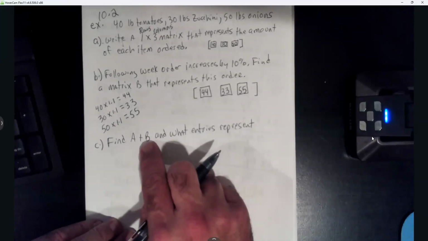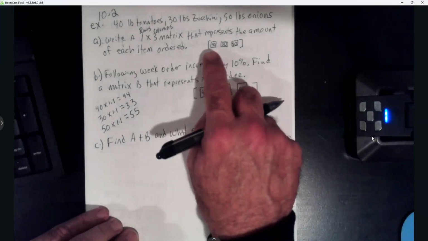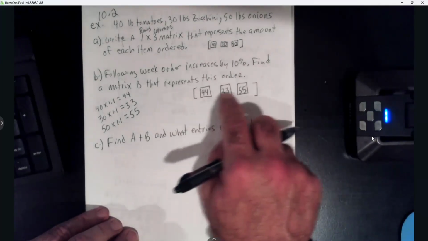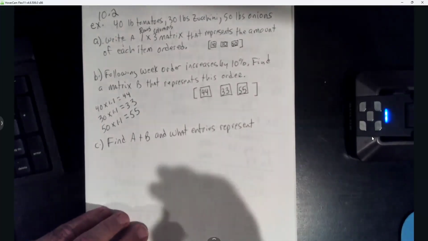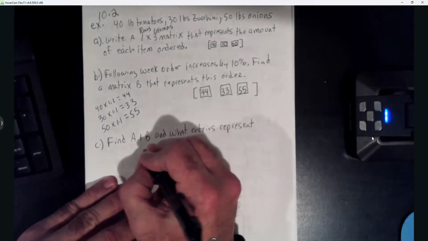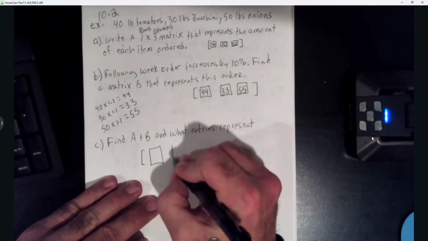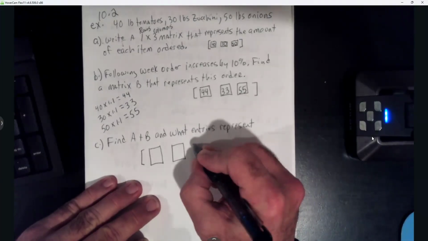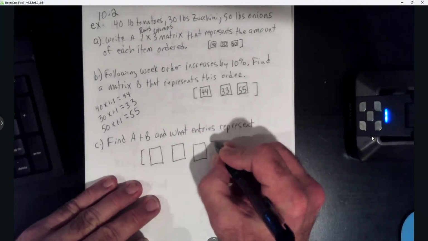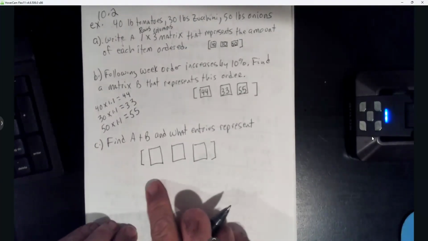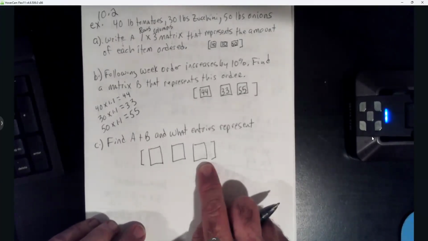All right, so when you add matrices, they got to be the same size, okay? So what I'm going to do, A plus B will give me a matrix that is still going to have 3 places in it.